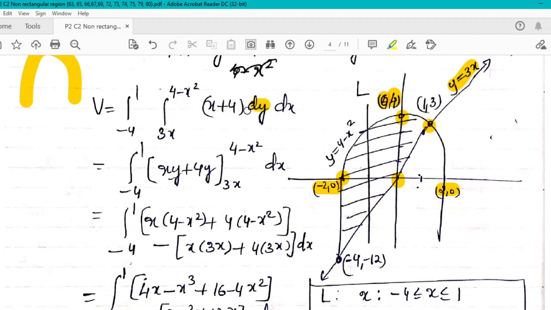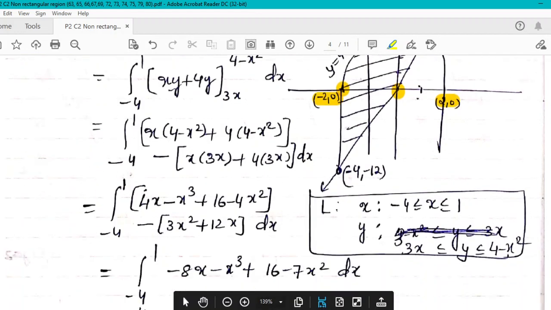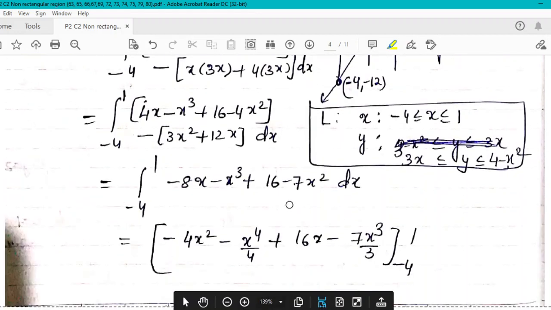So when you integrate with respect to y, you'll consider x as constant. You integrate it, you get in this form. There is upper limit 4 minus x square, lower limit 3x. So now in the next step, we will be substituting upper limit minus lower limit. You will simplify it. Simplifying it, you will be getting in this form.